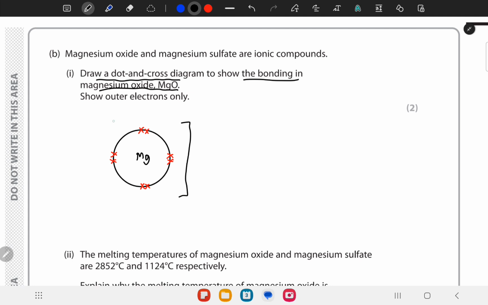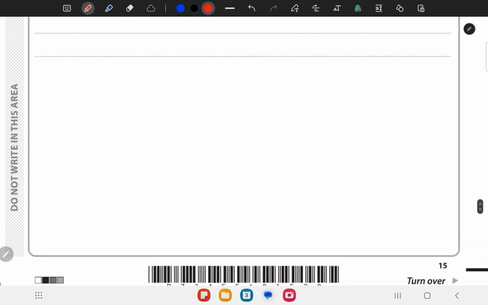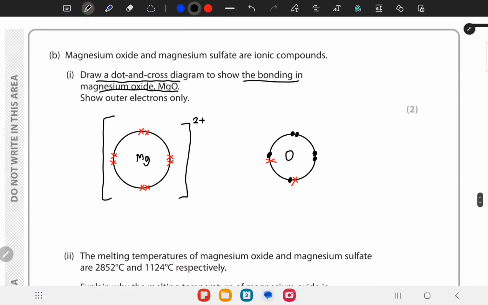And this would have a charge of +2. And now we'll have the oxygen over here. The outer shell of oxygen had 2 lone pairs, and it received 2 electrons from magnesium to make its outer shell full. So this would be the diagram, and it would have a charge of -2.